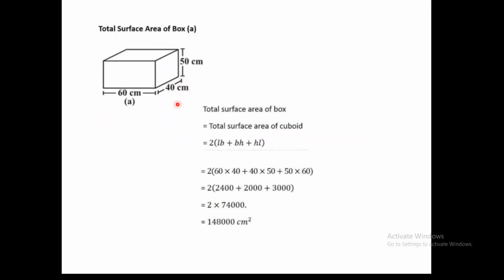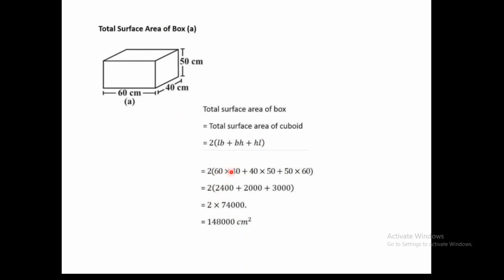Now we do a question to find the total surface area of a cuboid. This is a box given, with length 60, breadth 40 centimeter and height 50 centimeter. What is the TSA, total surface area, of this box? We know the formula is 2 into (LB plus BH plus HL). Then apply the numbers here.